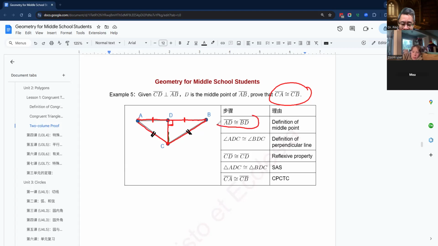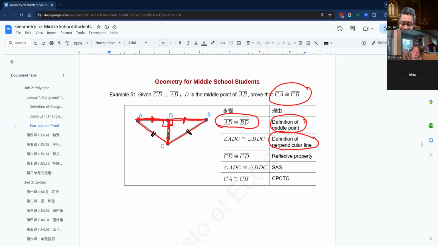We know AD is congruent to BD, that's the definition of midpoint. And then we know angle ACD is 90 degrees, and BDC is also 90 degrees, from the definition of perpendicular line.